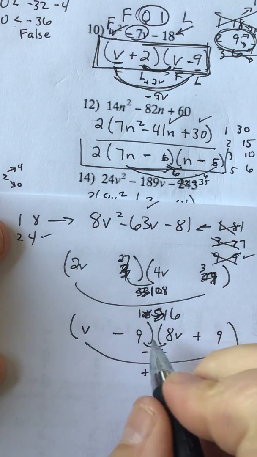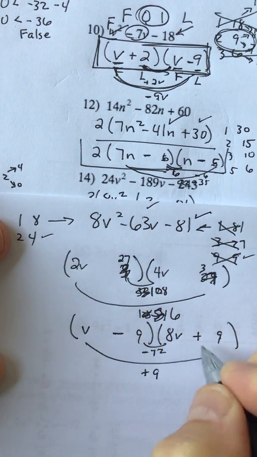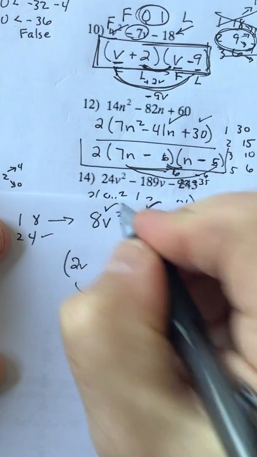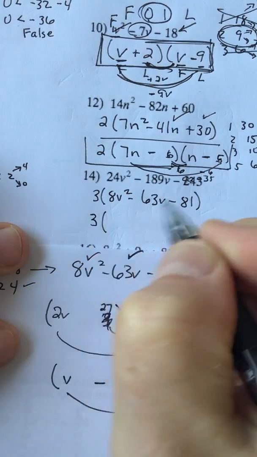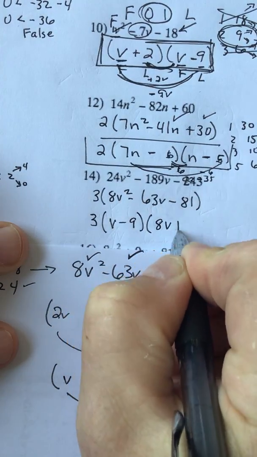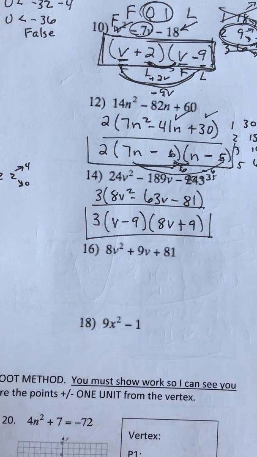Okay. Negative 9 times positive 9 is negative 81. The inner outers make negative 63, and 1 times 8 makes 8. So there it's factored. So it's the 3 on the outside, v minus 9, and 8v plus 9. That's the process.